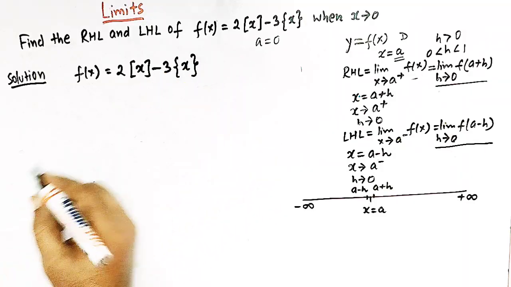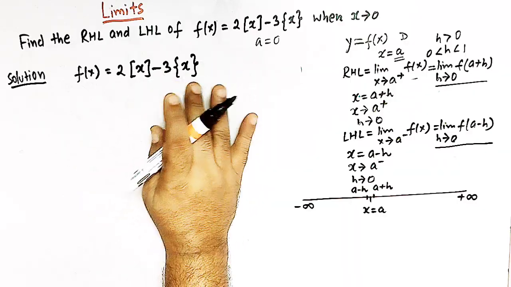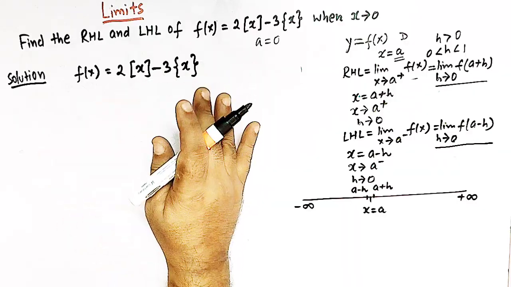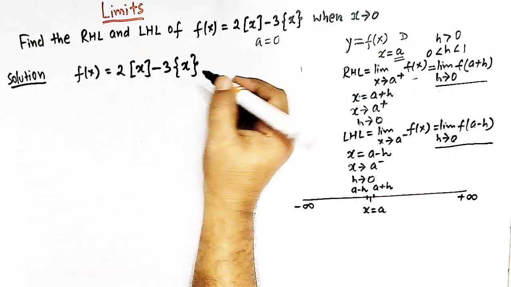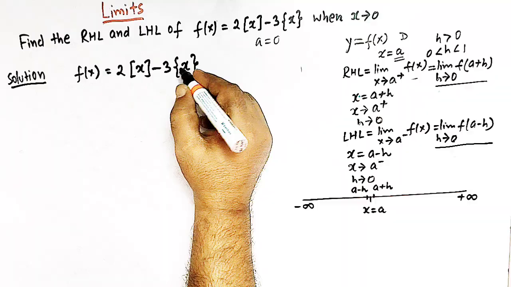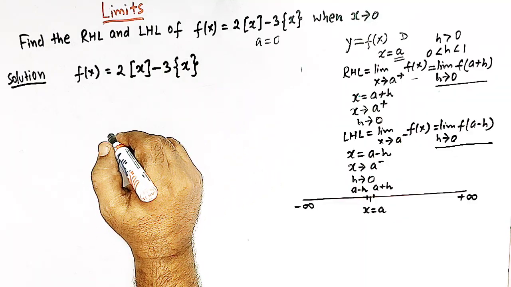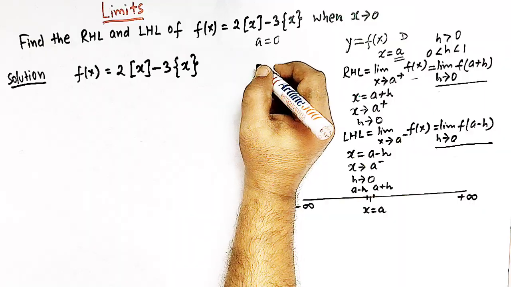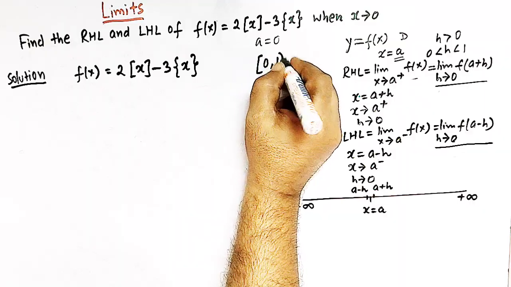Here we are going to make use of the relationship between the greatest integer function and the fractional part function. We know that the domain of the fractional part function is the set of real numbers, and the range is given by 0 to 1.